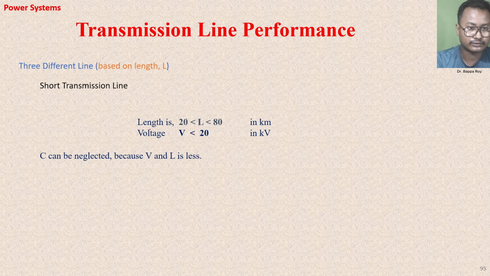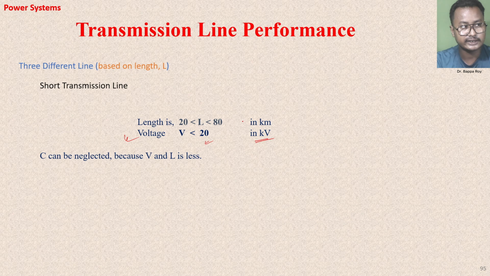So first of all, for the short transmission line, we say it is a short transmission line when the length is greater than 20 kilometers but less than 80 kilometers, and the voltage is less than 20 kilovolts.